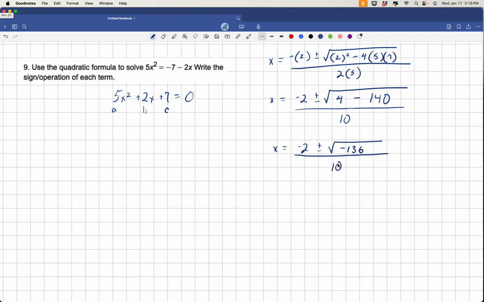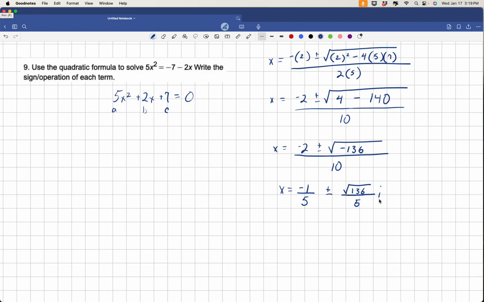And then that'd be 10. We can reduce that. x is equal to negative 1 over 5 plus or minus the square root of 136 over 5i.